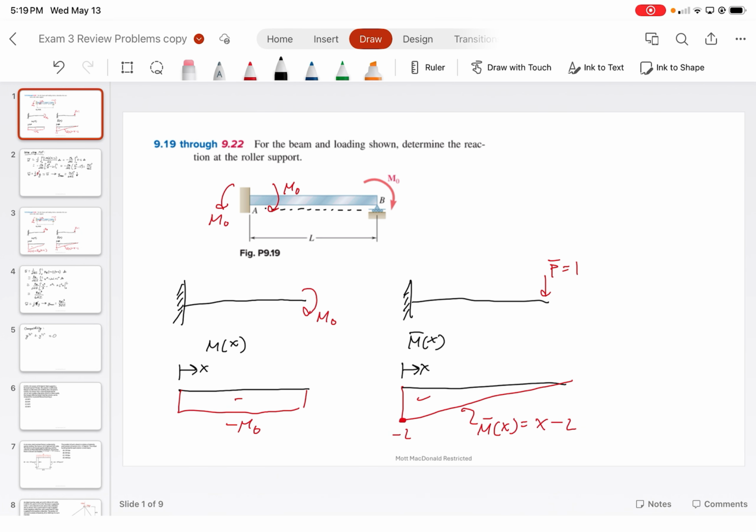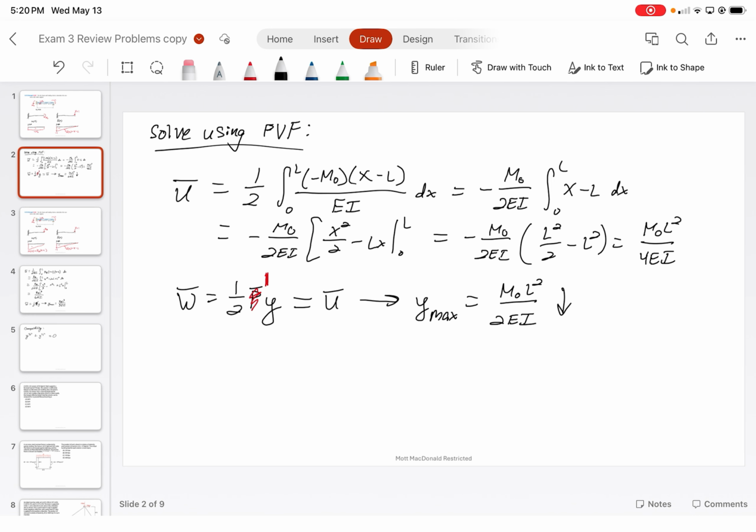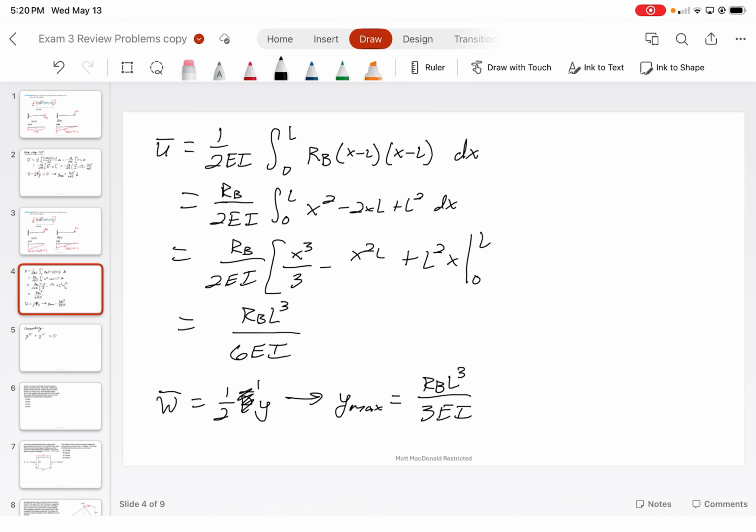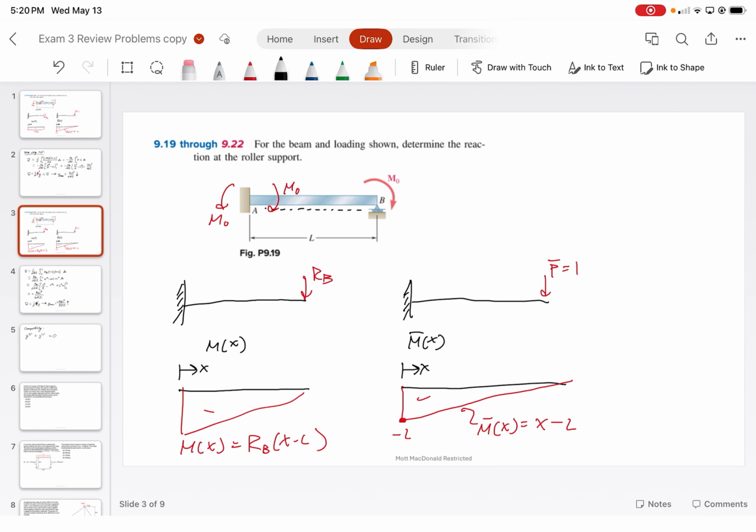Because of our assumption for P bar, we assumed that it was going downwards, right? So when we ended up with this value, it ended up being as is. Now for this, we got RB times x minus L and then x minus L. I believe this should technically be negative because this would show us that the deflection should be going upwards because technically RB should be really going upwards.